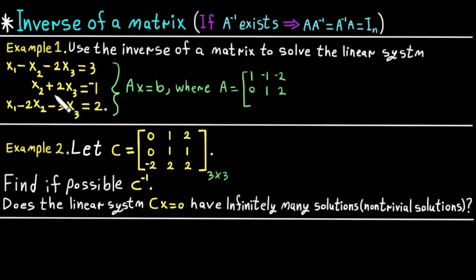Sometimes they don't put it like this, but you have to rearrange them to be like this. So x1 here, x2 here, x3 here. You have to write them like this if they are not put in order.